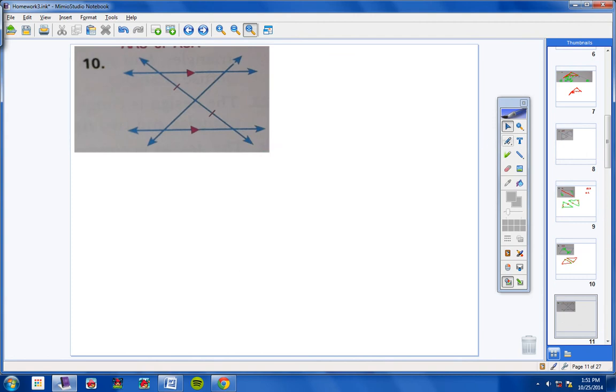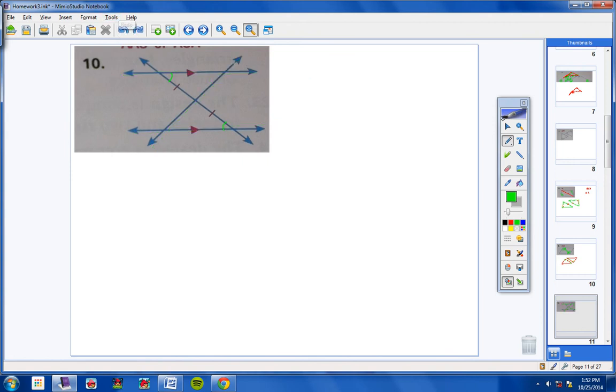Okay, we have two parallel lines here, students. Whenever you have two parallel lines cut by a transversal like this, we know that alternate interior angles are congruent. So this angle here is congruent to this angle here. Okay? And students, notice we have a parallel line here, cut by a transversal. So we know this angle here is congruent to this angle here because they're alternate interior angles.